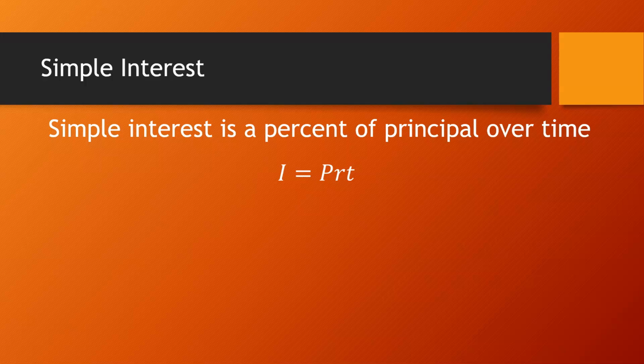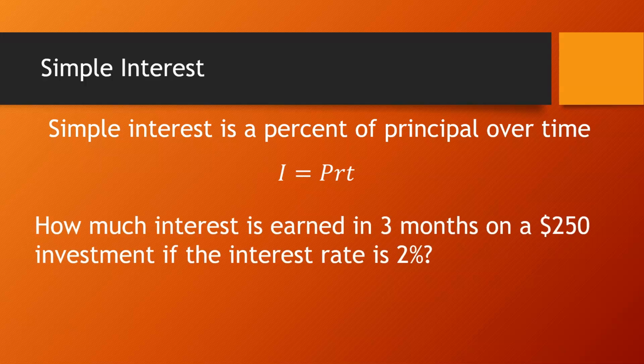Now it's important to notice that sometimes the time you're given in a problem is not in years. We've changed one thing in this problem. How much interest is earned in 3 months on a $250 investment if the interest rate is 2%?